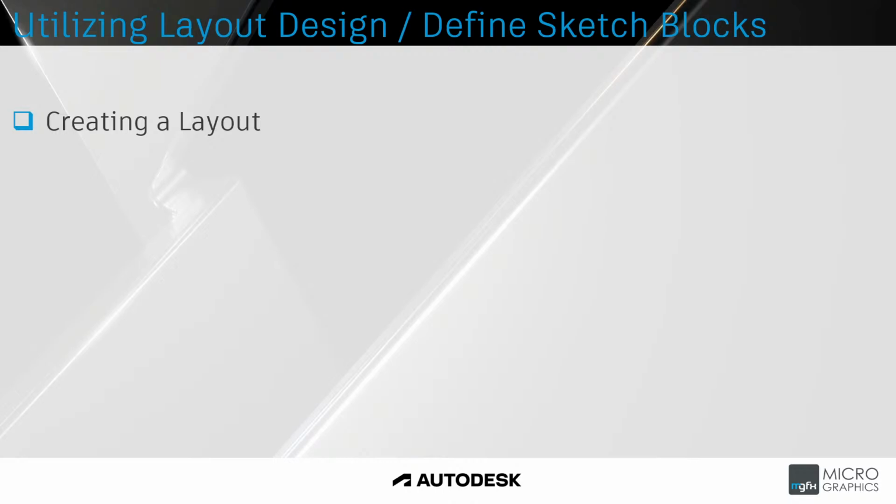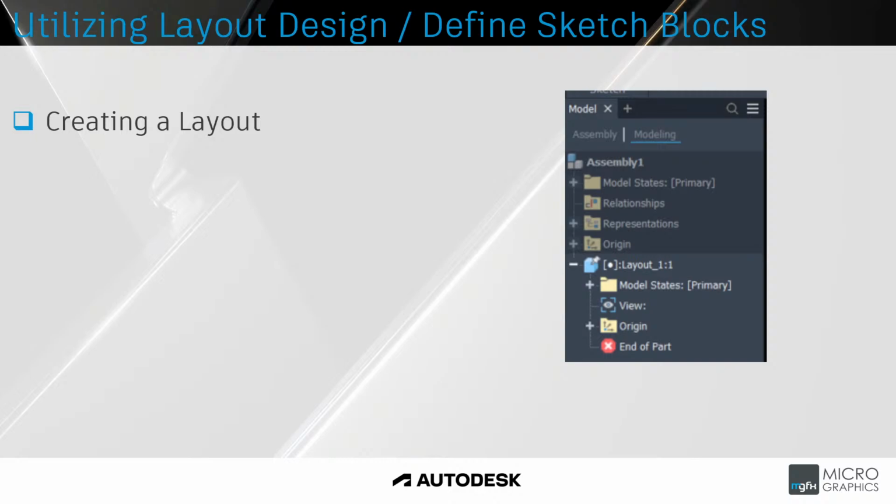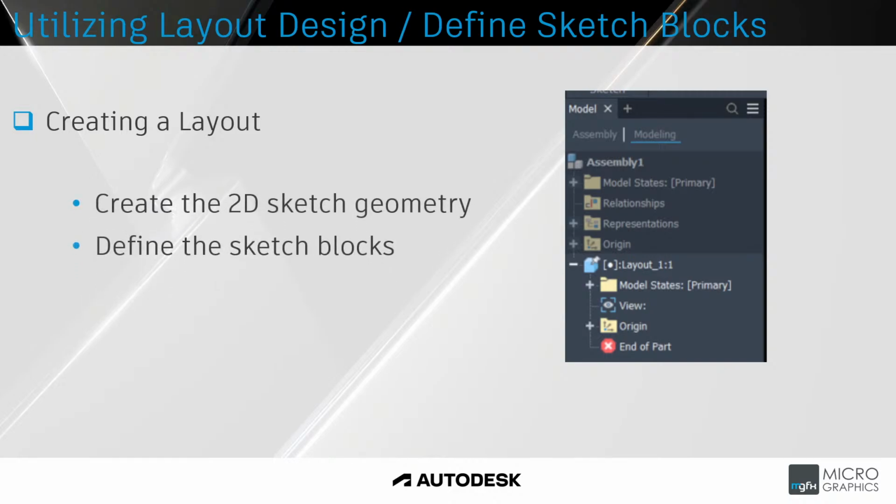Now, utilizing a layout design and define the sketch blocks. Now, sketch blocks in Autodesk Inventor is a grouping of 2D geometry within a layout representing a specified portion of the assembly.